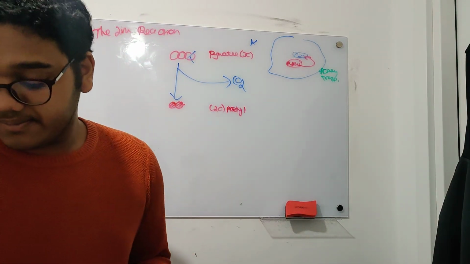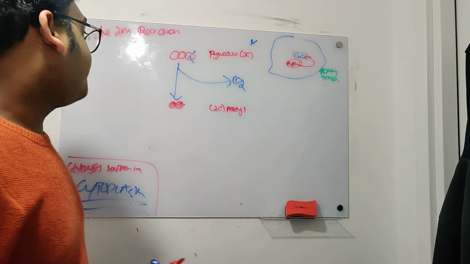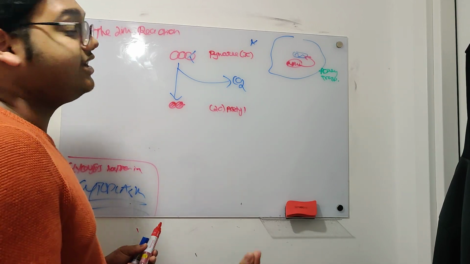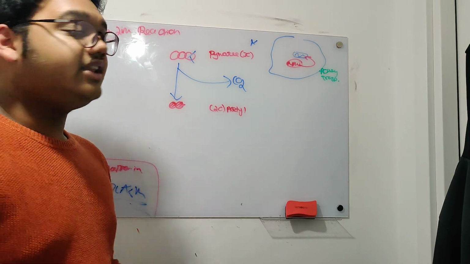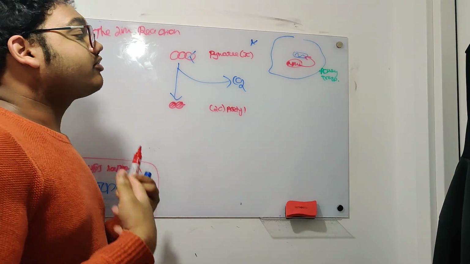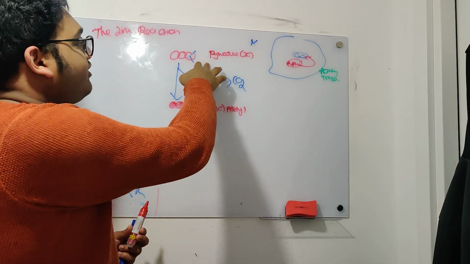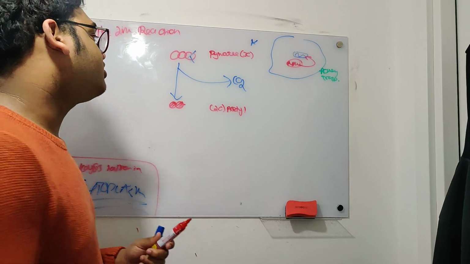In addition to that, we also form another molecule of NADH, because we need to reduce the NAD+ to form NADH, and to reduce NAD+, we need to oxidize the pyruvate. Remember, OIL RIG: oxidation is loss of electrons, reduction is gain of electrons.